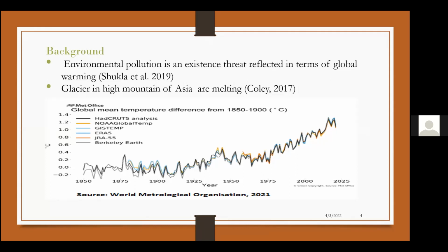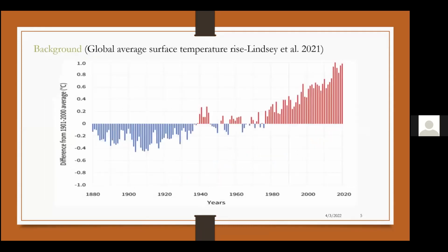When we trace from around 1850 up to date, the graph shows that up to around 1925, the temperature rise was relatively low at a global level. But from 1925 up to now, the projection is showing the increase in the global temperature. And this has a very serious bearing, as you can see from this graph.